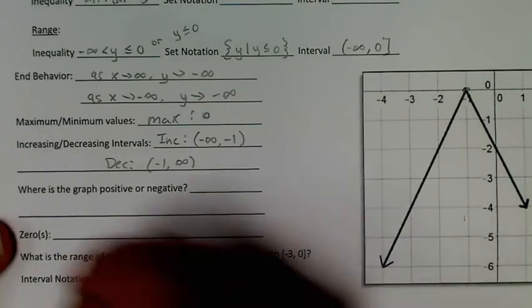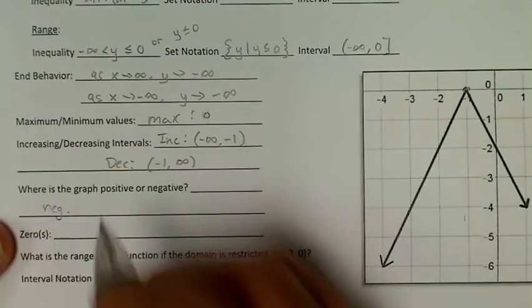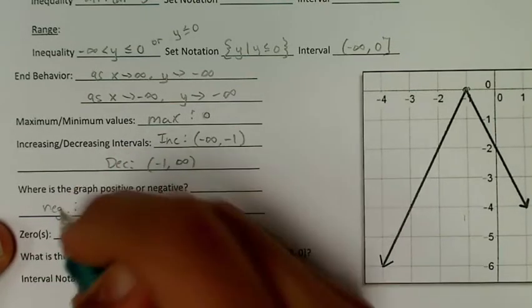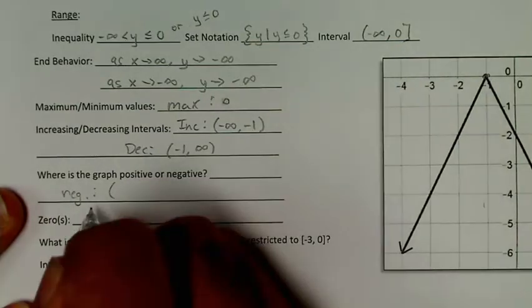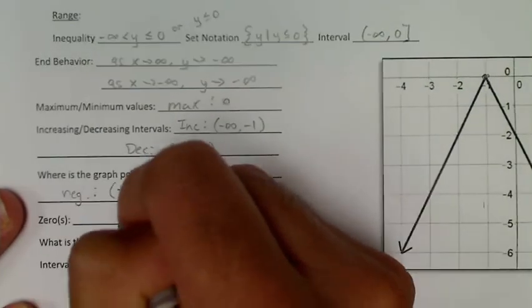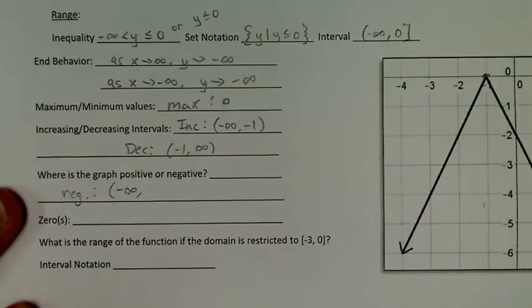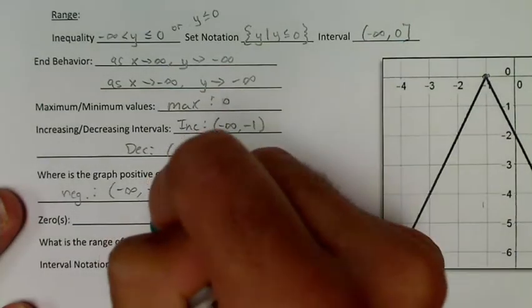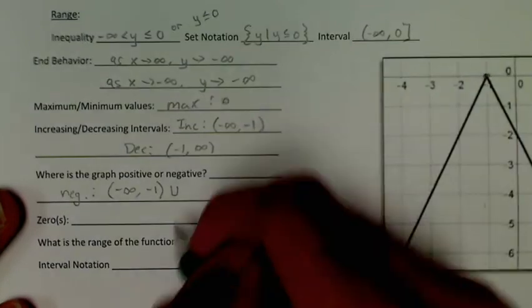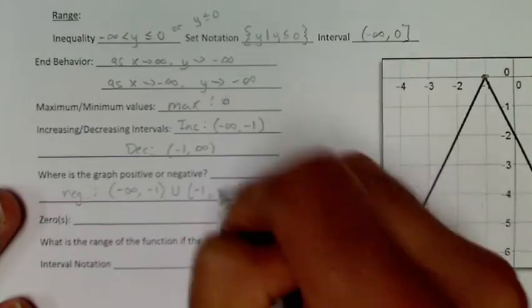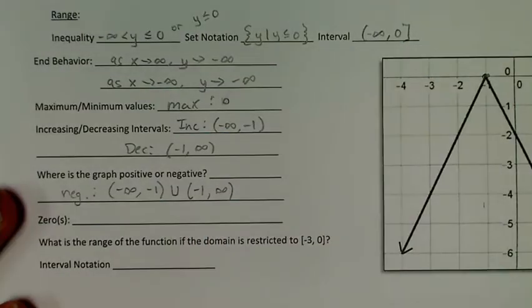So that means it's negative. Remember, we're still writing x values here. So it's negative from negative infinity, as far as you can go on the left, to -1. And then there's another set starting at -1 and going to positive infinity.